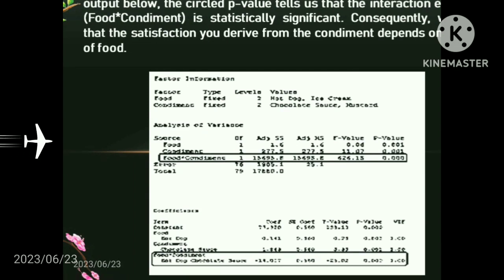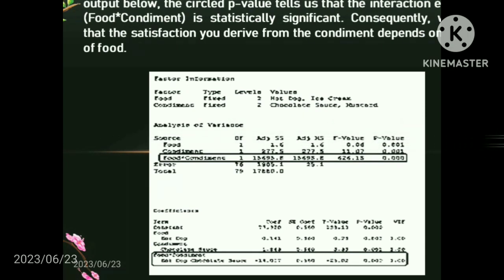Adjusted sum of squares is 1905.1. Our adjusted means of squares is 25.1. So the total degree of freedom is 79. The total adjusted sums of squares is 17,880.0. So now we are going to proceed to coefficients.